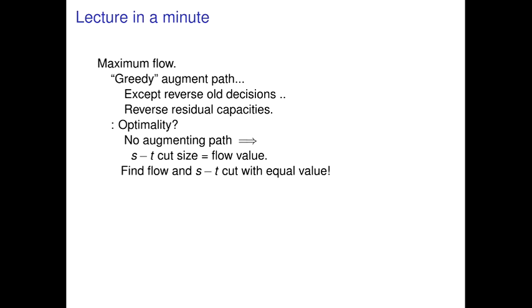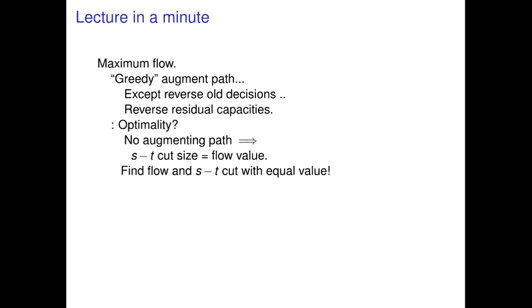But this reversing, this adding of residual capacities, which is a big idea, and it's a little subtle, and there'll be an exam on it, right? I mean, it'll test this concept, and it's just a little subtle, but it's not too hard. We just say, look, when we route flow along one way, we could undo it by simply routing flow the other way and adding capacity to undo that decision.